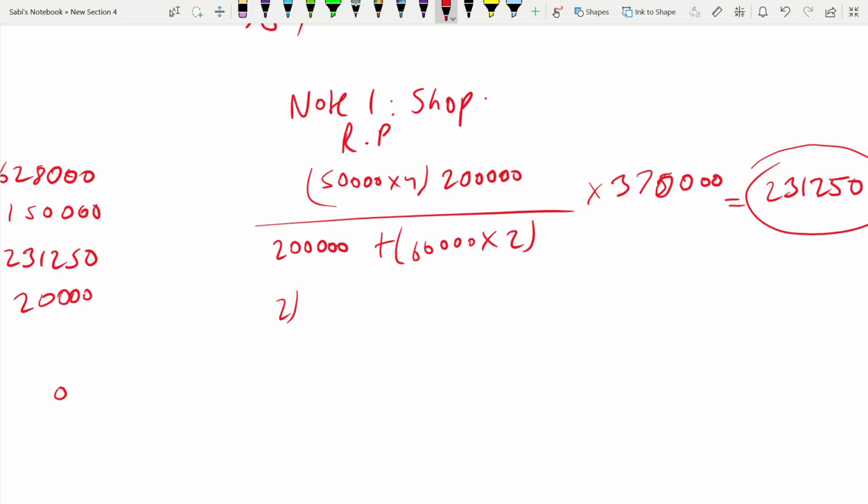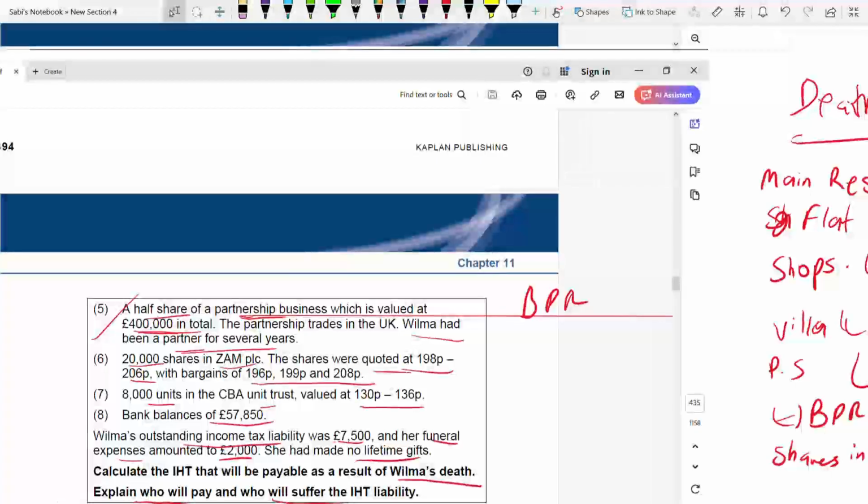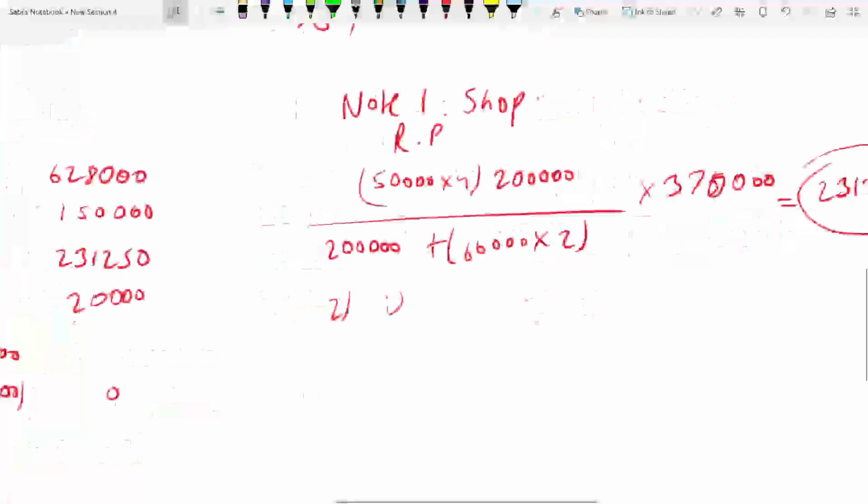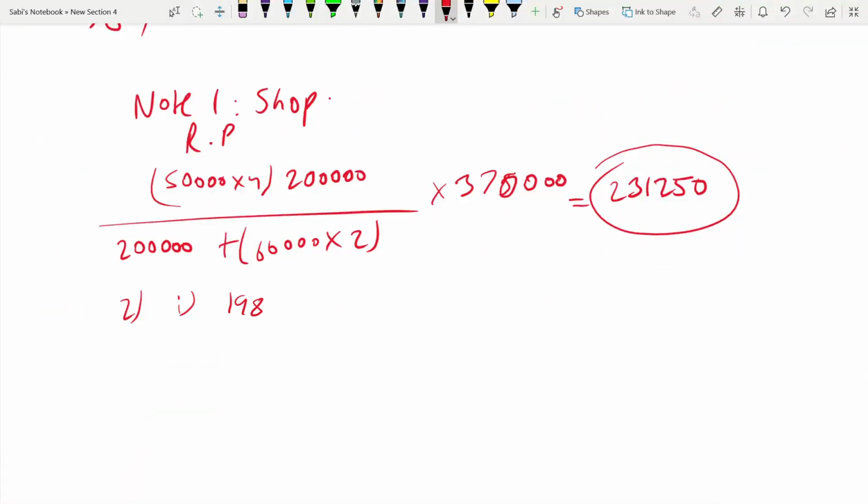Lower of quarter up and average of marked bargains. Remember, quarter up is what? 198 and 206. This is the bargain. The shares were quoted at this with bargains of 196 pence. See, bargains we need in the average, okay? 198 and 206. So low price is 198 pence plus 1/4. This is the quarter up. High price is 206 and low is 198 pence, 200 pence.